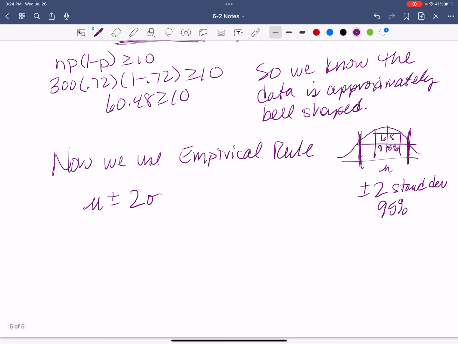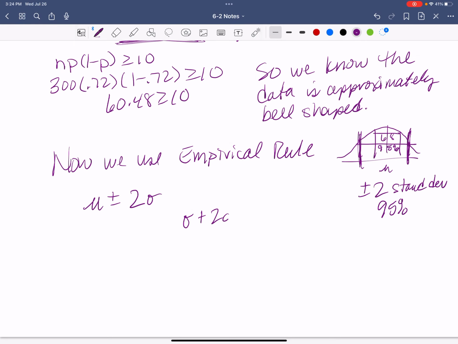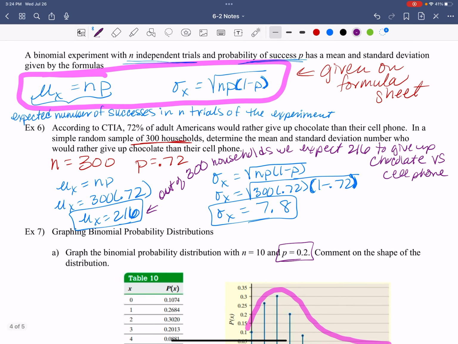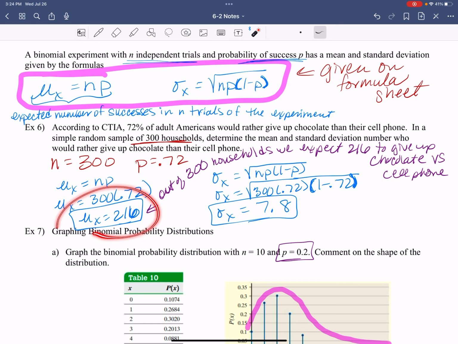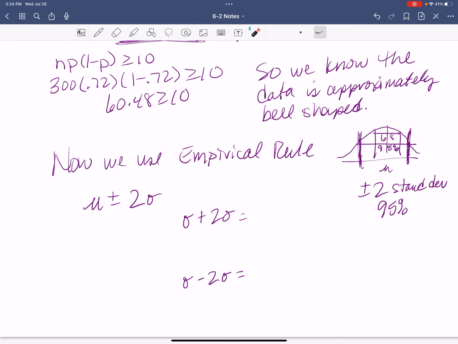If I have my mean plus 2 standard deviations, and then I also want to look at what's happening with my mean minus 2 standard deviations. Now, what did we figure out was our mean? Our mean is 216. We already did that because that was on my previous problem. So our mean is 216.